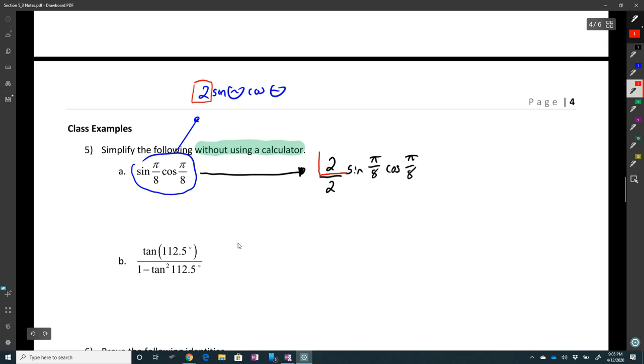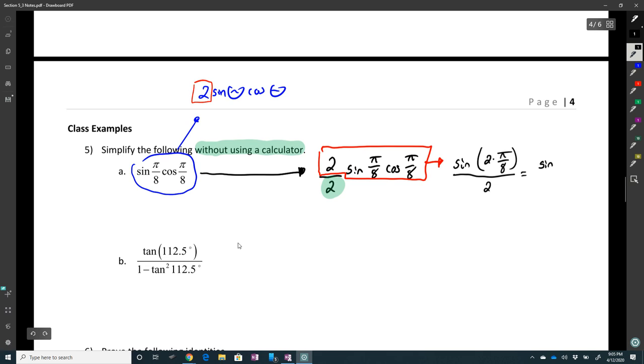Now the 2 and the sine and cosine, that's the formula. That turns into sine of 2 times pi over 8. And notice the over 2 is still going to be present. So this is sine of 2 times pi over 8 is pi over 4 over 2.